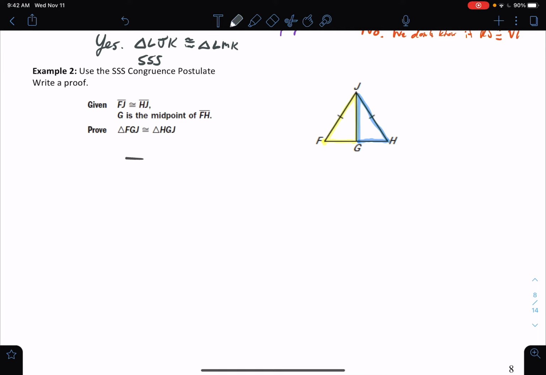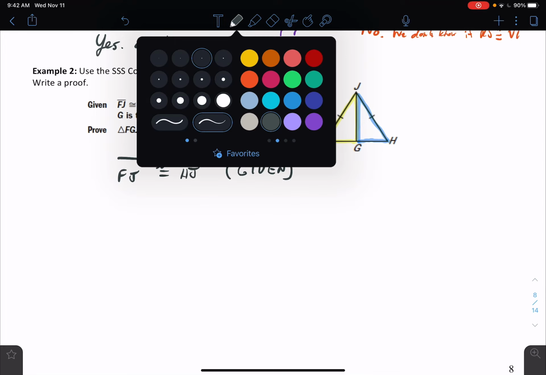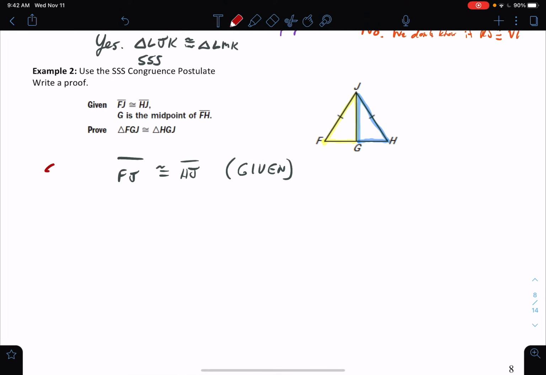All right, so we are given that FJ is congruent to HJ. And then in parentheses, I'm going to say what math reason I know for that. FJ is congruent to HJ because that's given to me. We might as well use our givens. That's free information. Now, what is that though? That's a side. We already got one of these sides that are congruent.